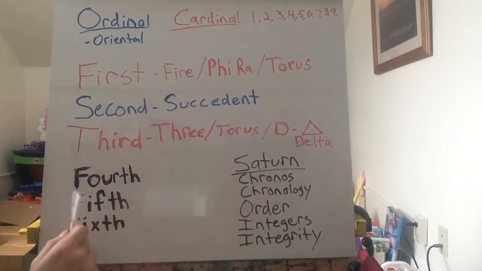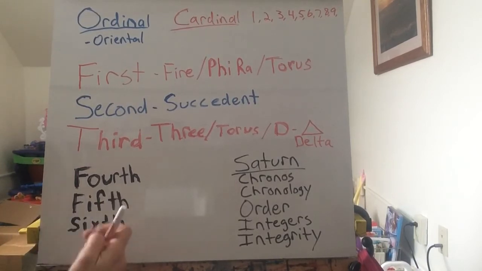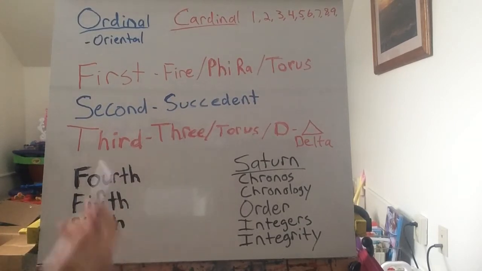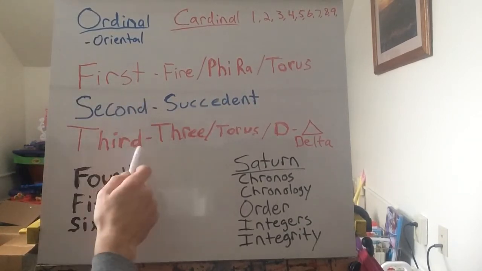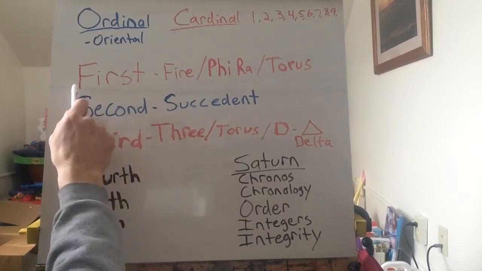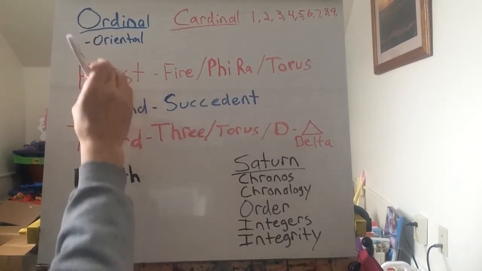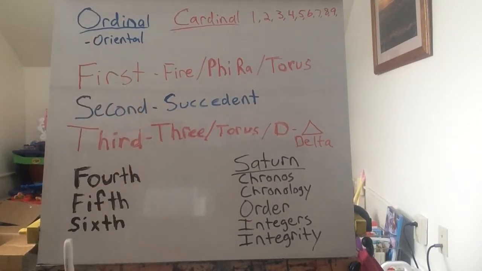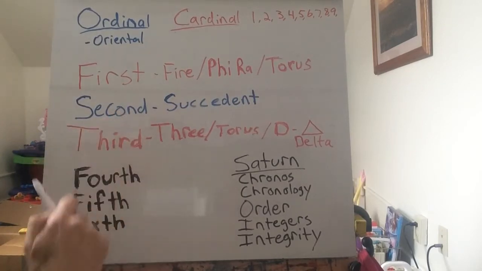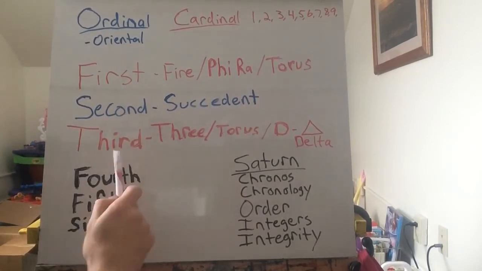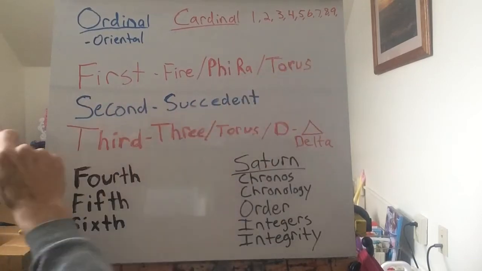This is a little different, and I could probably do a whole other video looking into why this isn't a V instead of F. But basically, from here on out, every other ordinal number is just the cardinal number with a th at the end, except for these first three. Third is pretty similar, but we'll get into this. First doesn't sound like 1. Second doesn't sound like 2, and third only kind of sounds like 3. It's not 3.